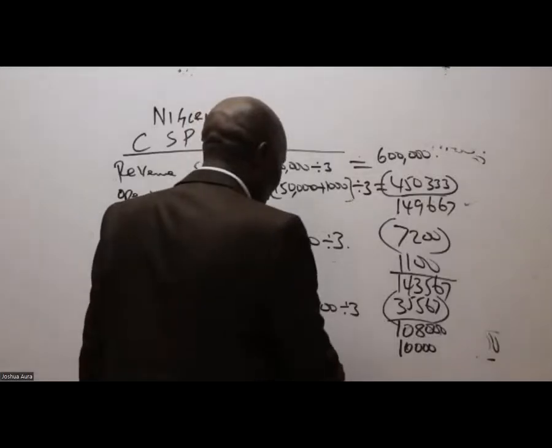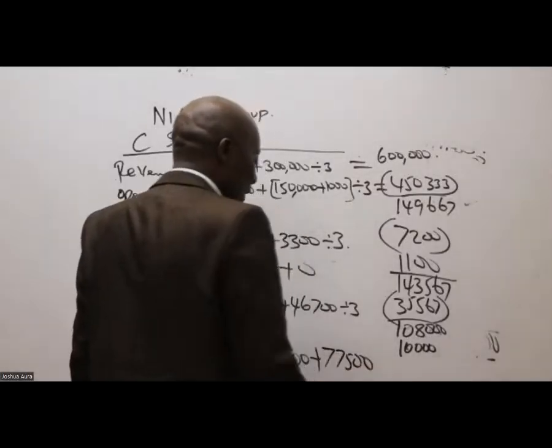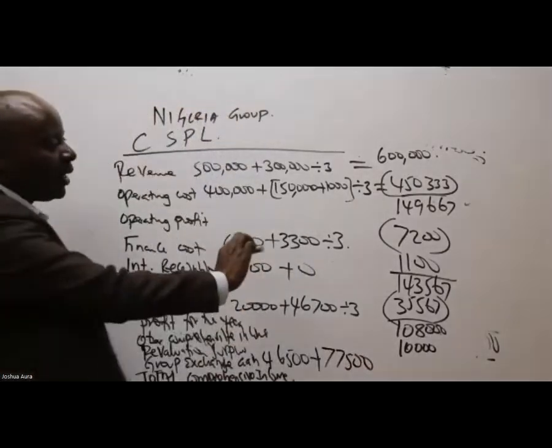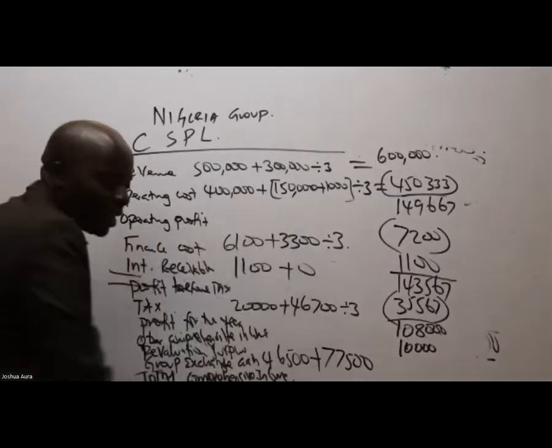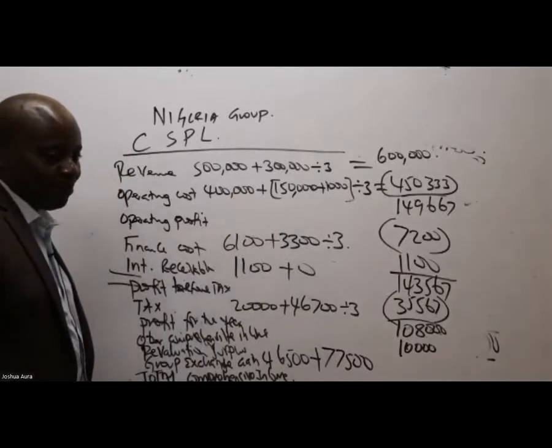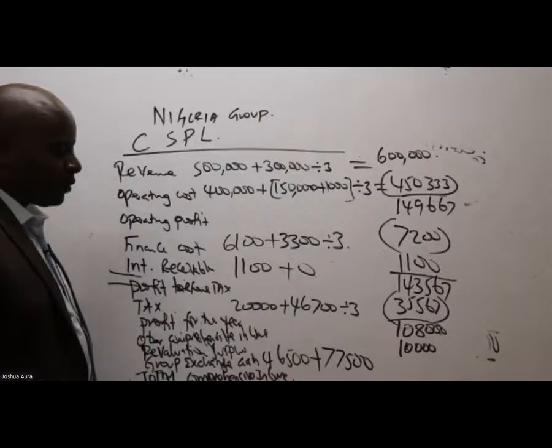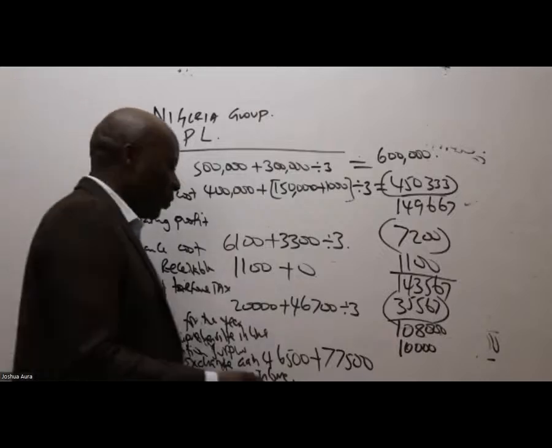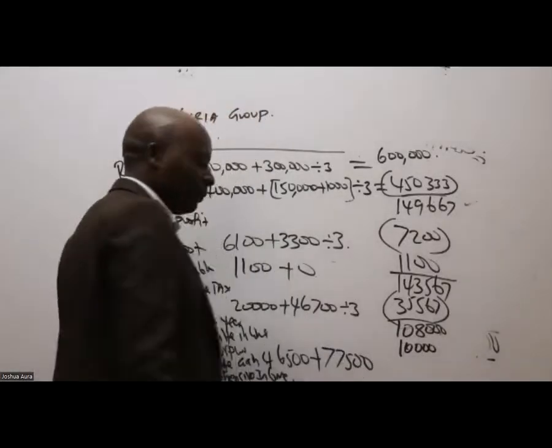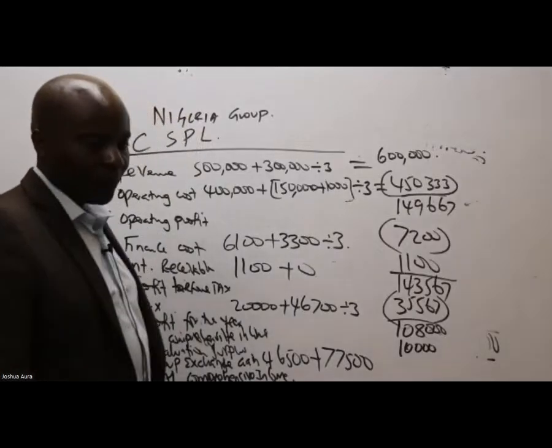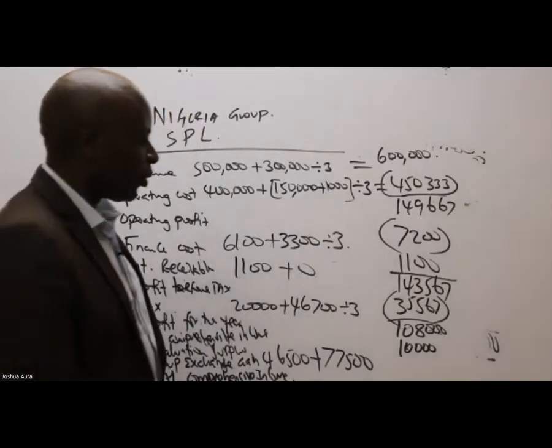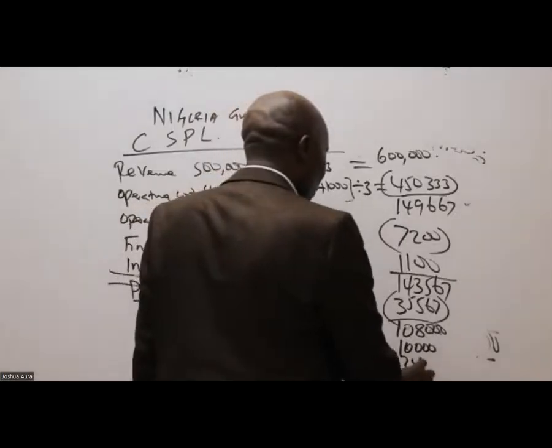I can't remember very well. 77.5, don't share. Here we don't share at all, because sharing normally in the income statement goes down there, and I shall never do that in an exam. So 46,500 plus 77,500, how much do we have here, somebody? 124,000. So here we have 124,000.